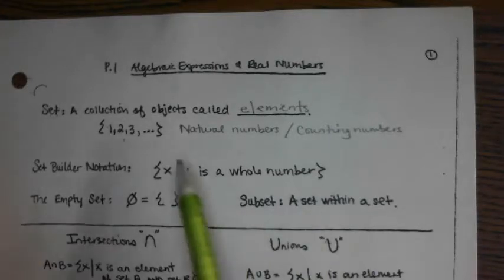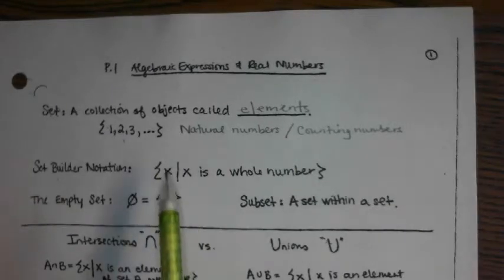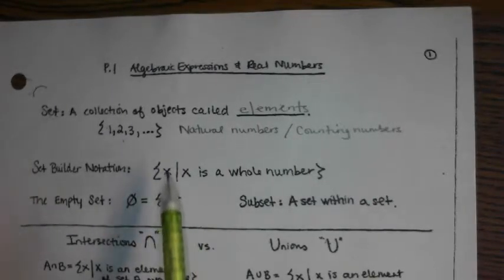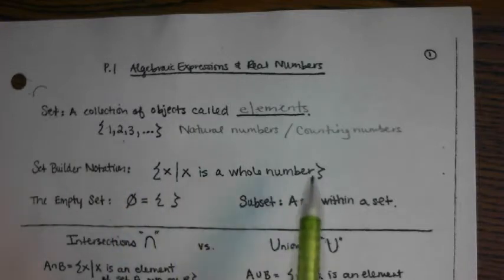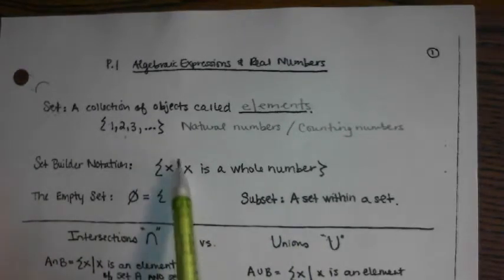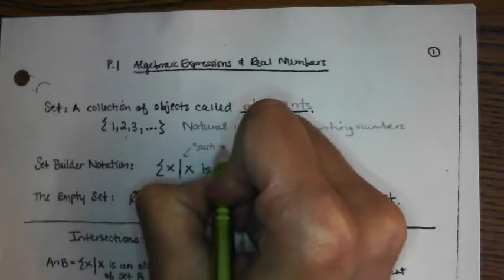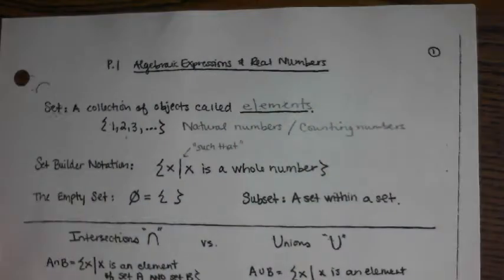So set builder notation, you did a decent amount of this last year with Mrs. Zigai in Algebra 2. So this says the set of all x's, so the curly brackets indicate that it's a set. The set of all x's such that, this vertical line, when you read it, means such that, x is a whole number.